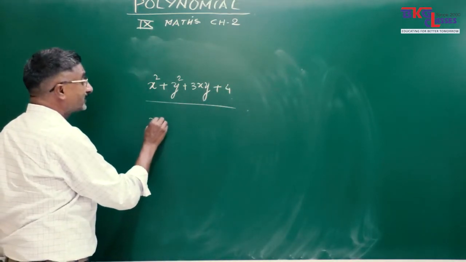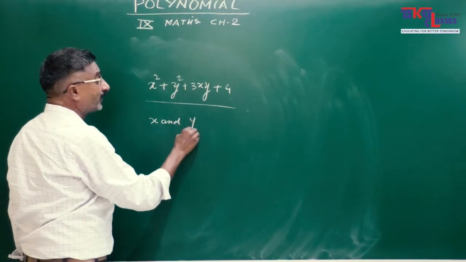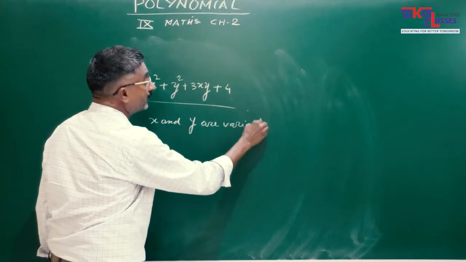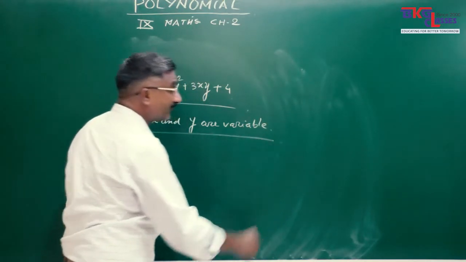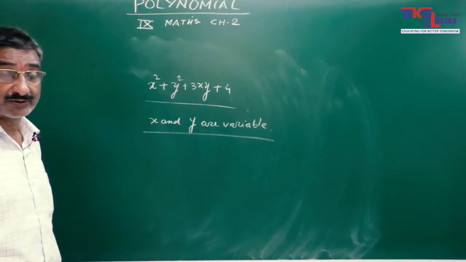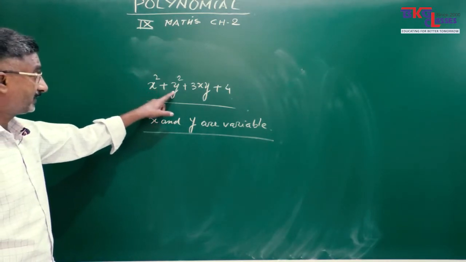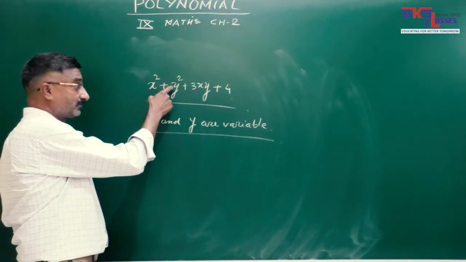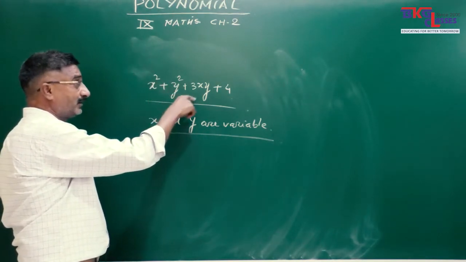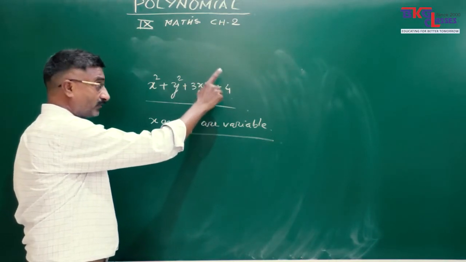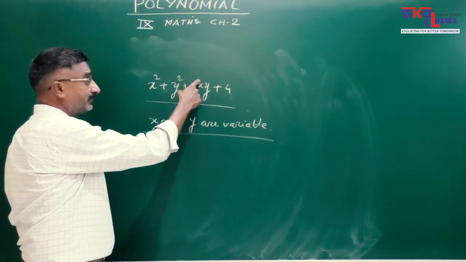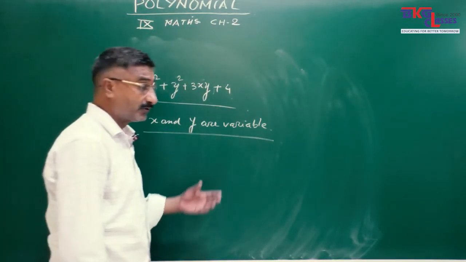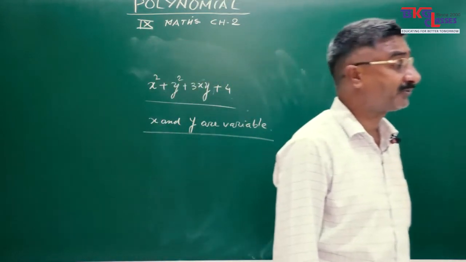Now x and y are variables. Clear? The coefficient of x square is 1, the coefficient of y square is 1, 4 is the constant value, and 3 is the coefficient of xy. Clear? In so many forms you can write.